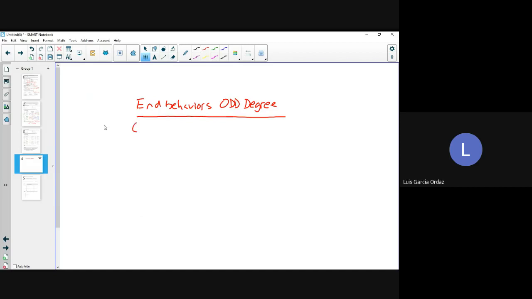When we have a positive leading coefficient, this is our end behavior. As x approaches negative infinity, y approaches positive infinity, and as x approaches, what am I doing? That was bad.